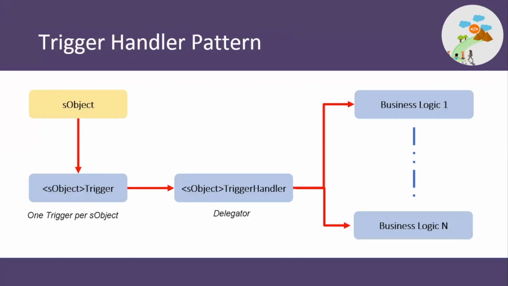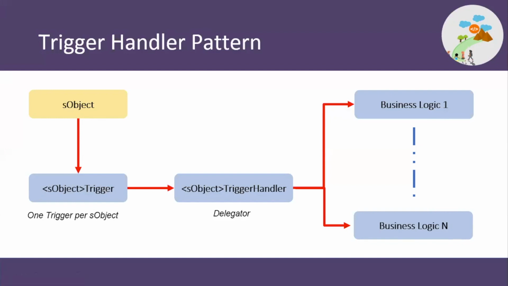So one of the first patterns is a very basic pattern, the trigger handler pattern, right? It's absolutely simple. This particular diagram here showcases what that pattern is. So you have an S object typically, and you will write one trigger per S object, which means that you will have a trigger on that object. And then there is something called a trigger handler, which acts as a delegator.